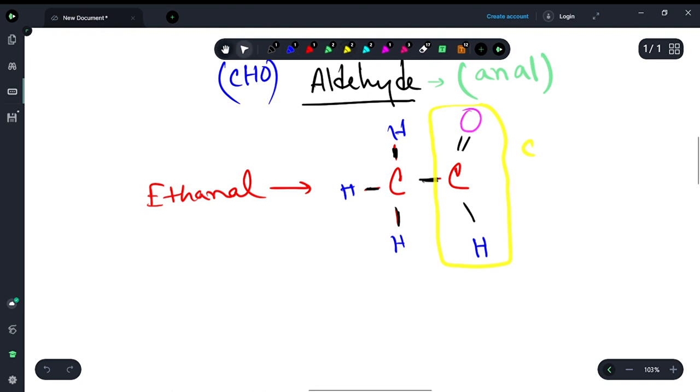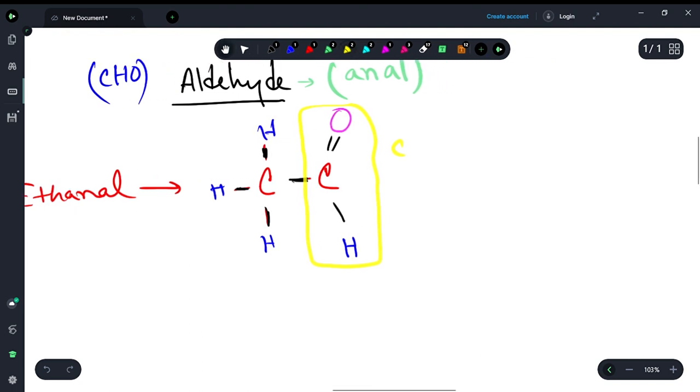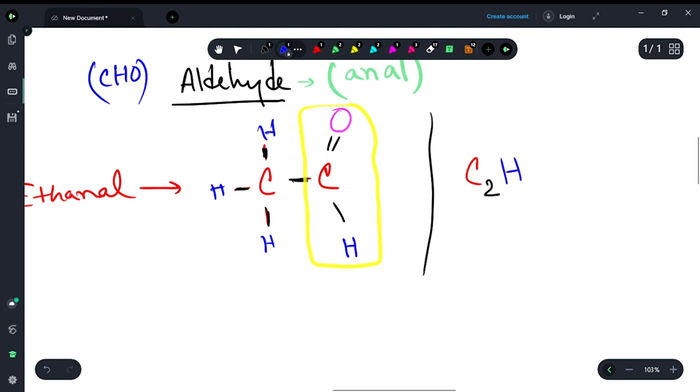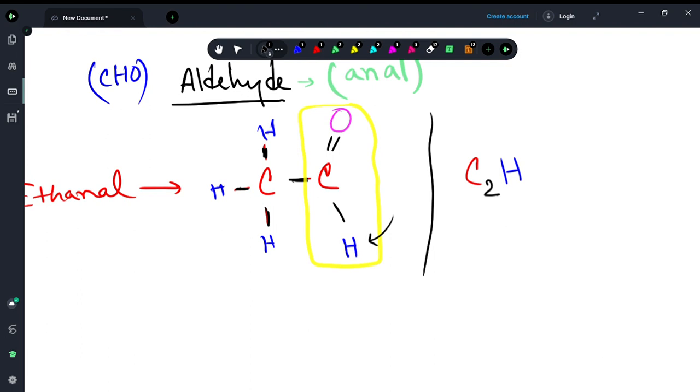So what will be its general formula then? It depends on how many carbons there are. There are two carbons. How many hydrogens? We can't count this hydrogen here because it is in the chain of CHO.